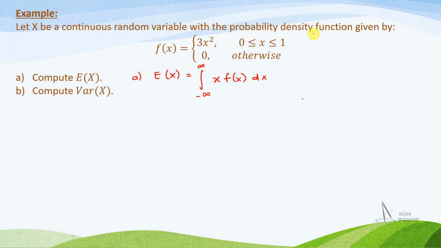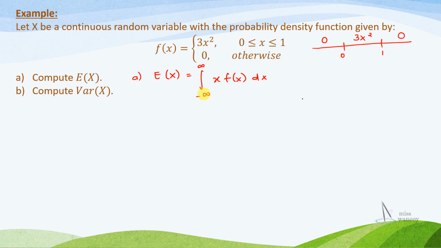So I have to check what the function is. If you draw a number line, with 0 and 1, the function within 0 and 1 is 3x squared. The left hand side is 0, and the right hand side is also 0.